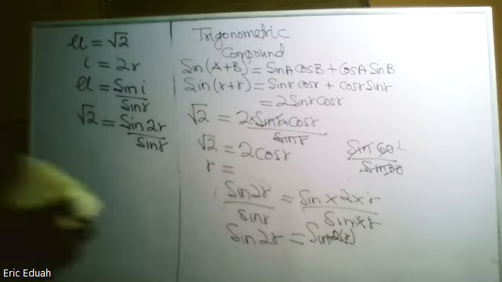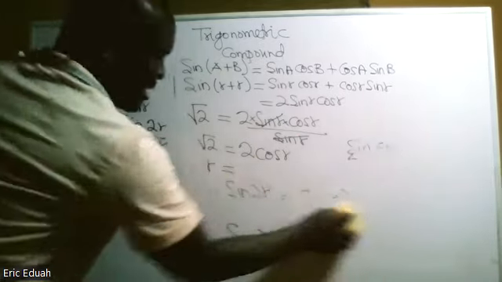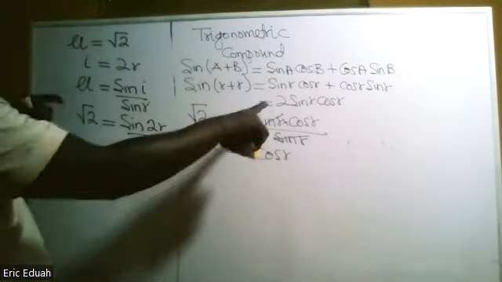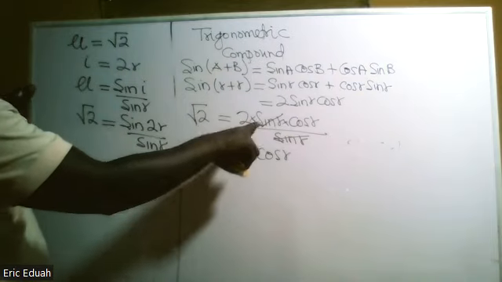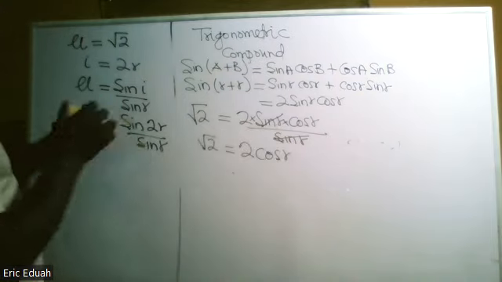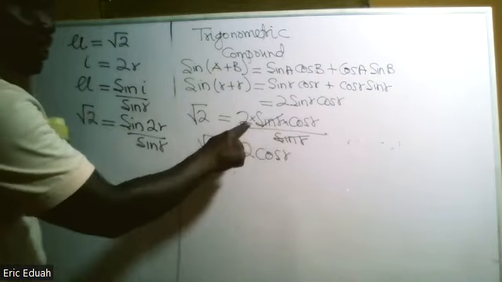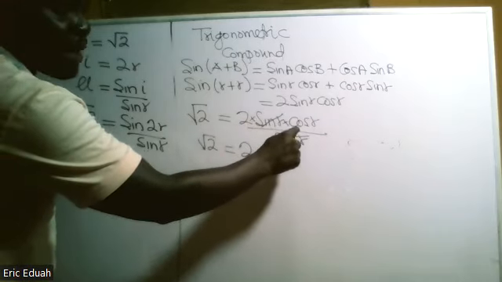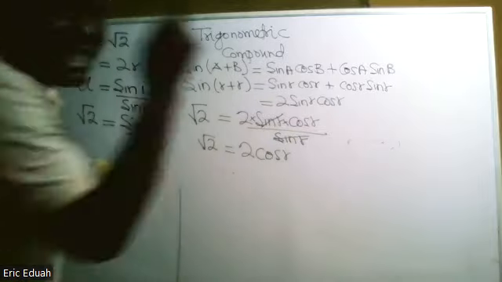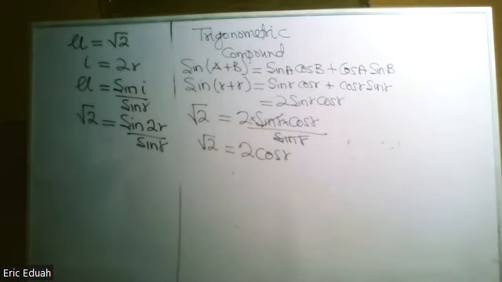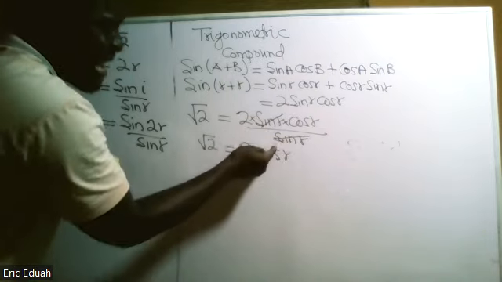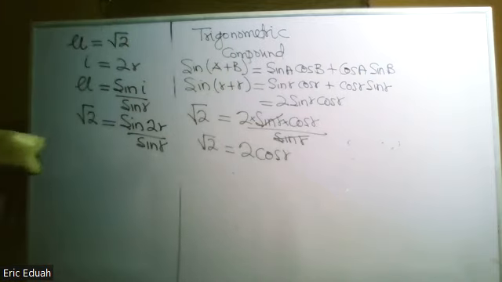Yes, please. After expanding it, this is what I got for the expansion: 2 times sine r times cos r. Now sine r is multiplying 2, and 2 times sine r is also multiplying cos r. So now you can cancel sine r over another sine r. They can cancel.